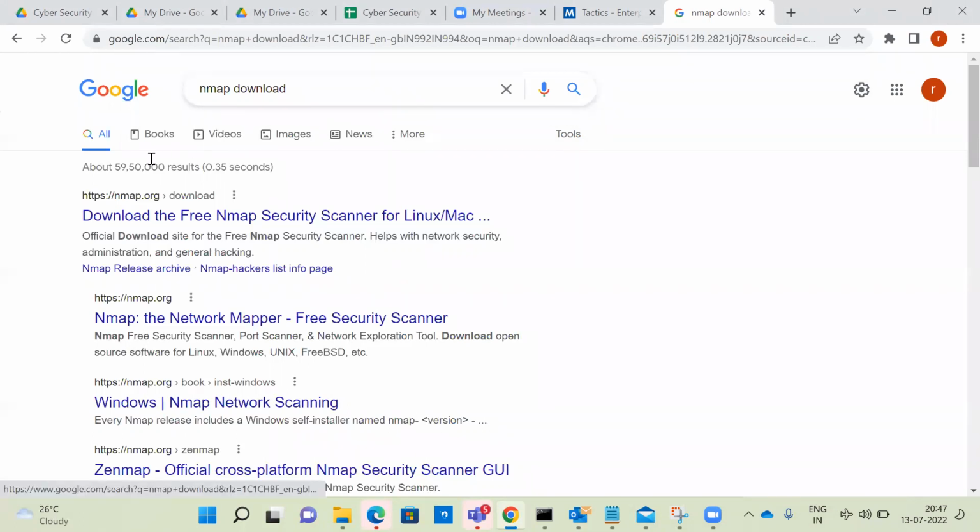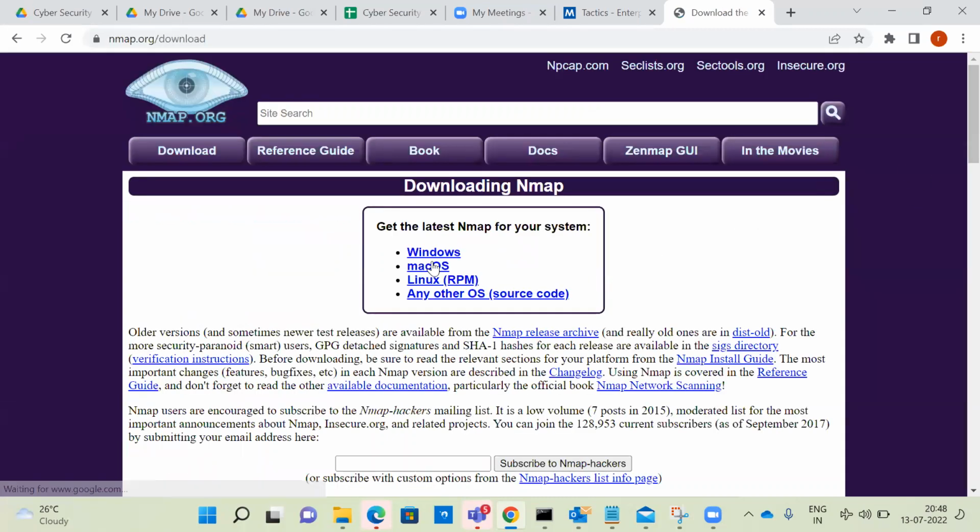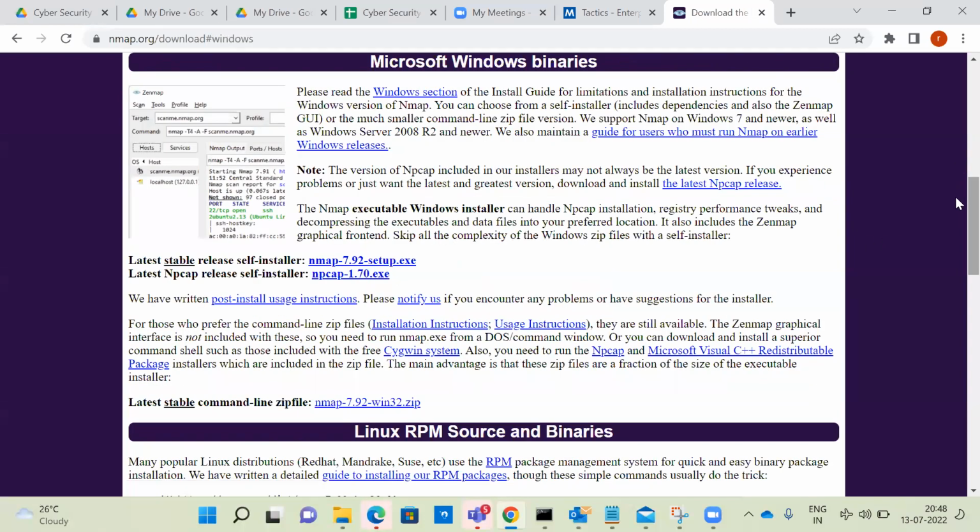For tomorrow's class, you can search Nmap download and click on the genuine website. If your machine is Windows, click on Windows. Hope everyone has a laptop. I went to Google, gave the query Nmap download, clicked on the Nmap website, and clicked on Windows.